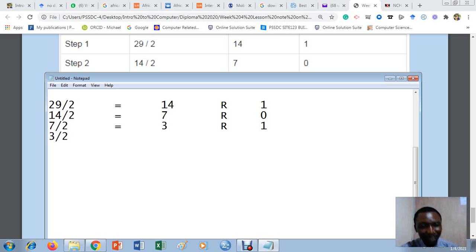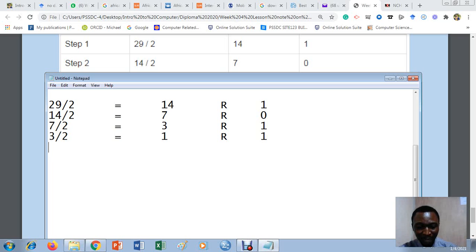Why are you just dividing it by 2? The reason being that we are converting to binary number, and binary means 2. So how many 2 can you see in 3? 1. It will remainder 1, because if you remove 2 from 3, it will give you 1.